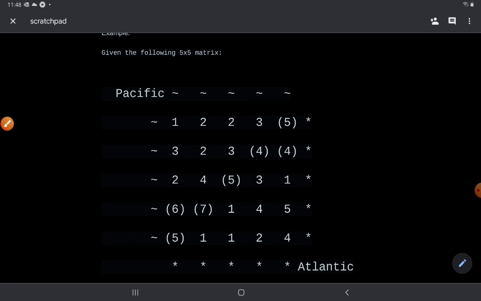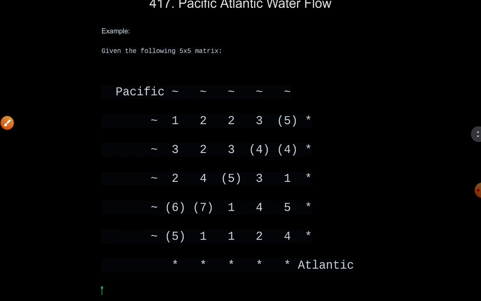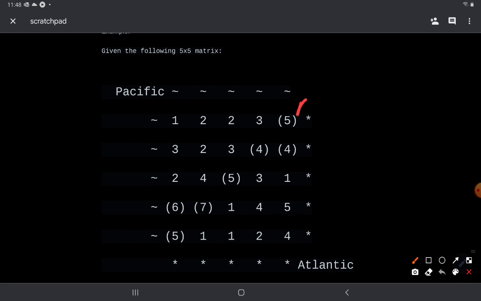Once we have done this, we can do the same thing again, but this time for Atlantic. So we'll mark all these as Atlantic, since they are accessible directly from Atlantic. And now start from this. I'll take an example of this cell.